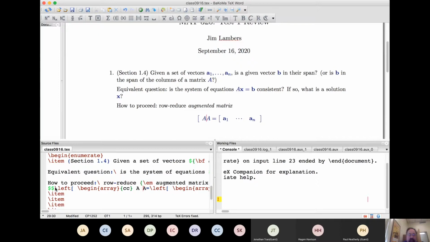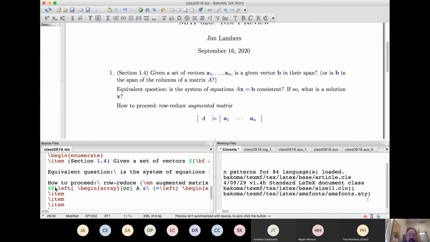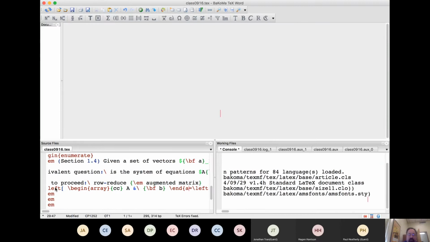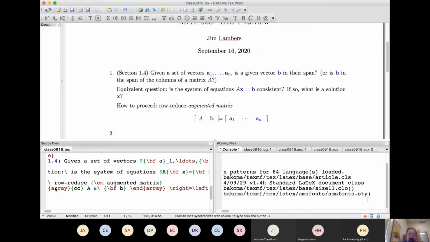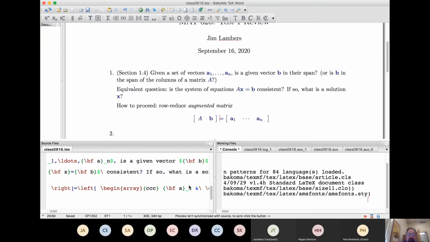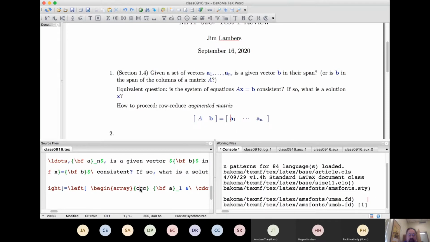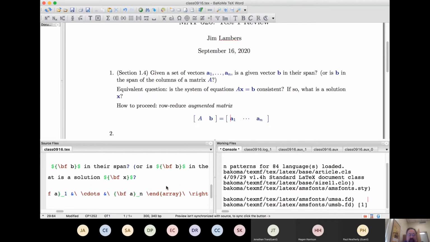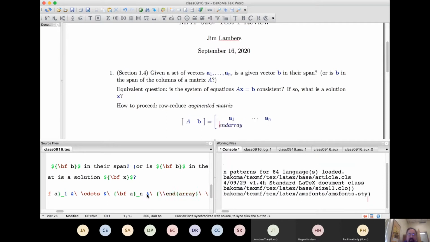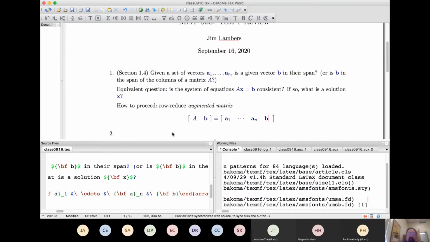If A and then B added onto it, that's what makes it an augmented matrix. Okay. So whatever vectors you're given in whatever form, those are the first columns, and then you have B as the last column.